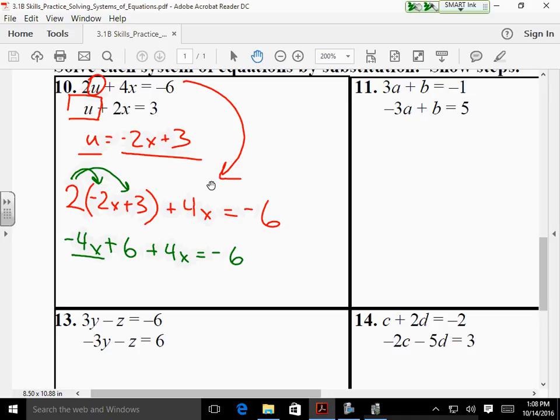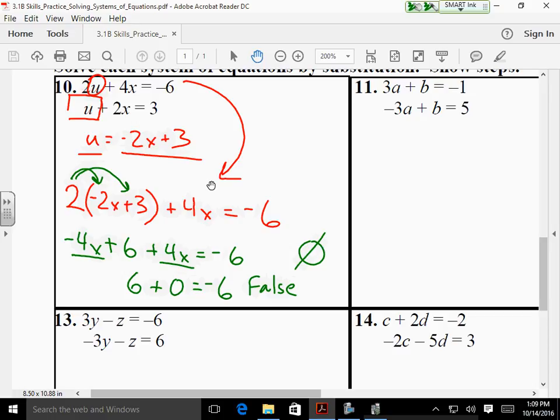What happens? You combine like terms, and what happens to the x terms? You get 6 plus 0 equals negative 6. So this is a situation that we talked about in the previous problem. Is this true or false? And so there's no solution.